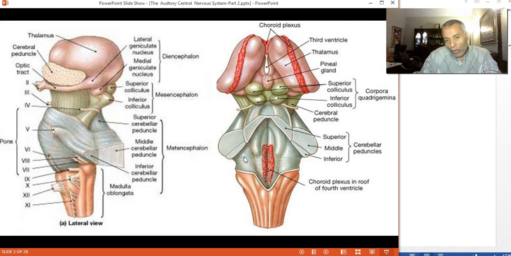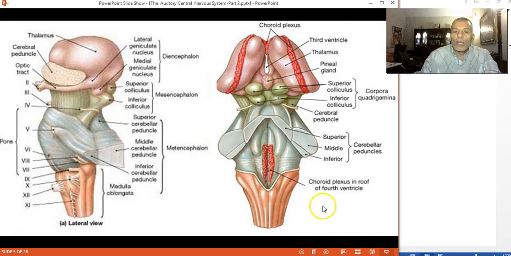First, these pathways cross to the opposite side and rise, and there are four pathways on the right and two pathways on the left for each ear. So all of the input from these pathways converges onto the inferior colliculus.